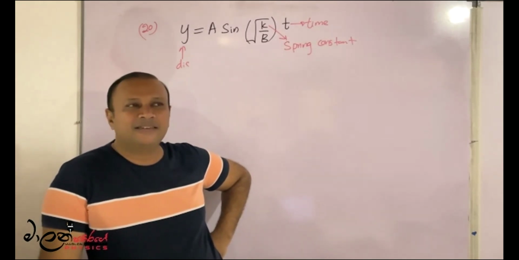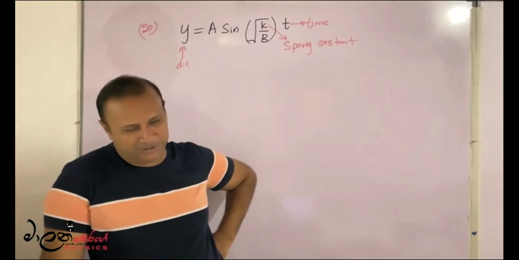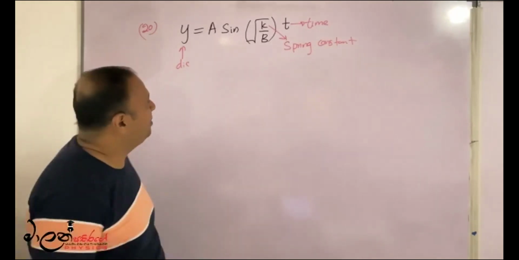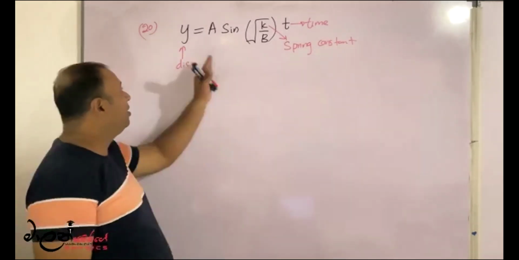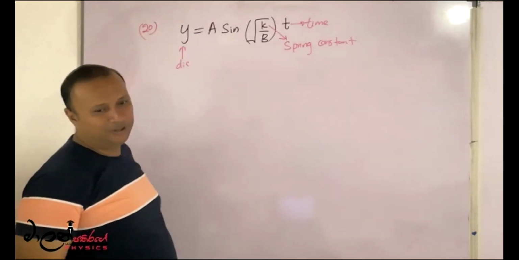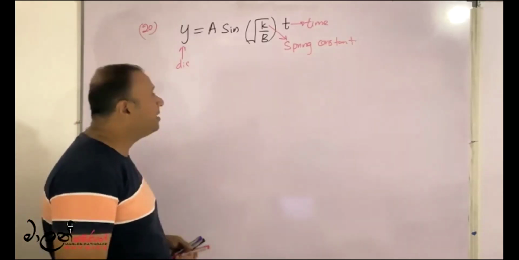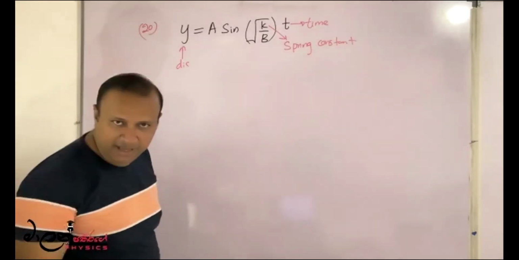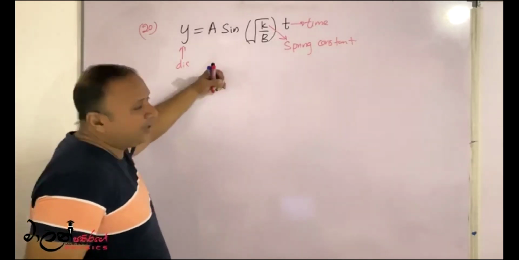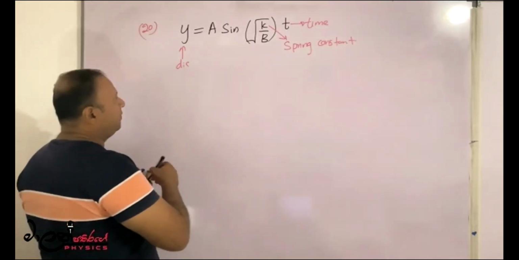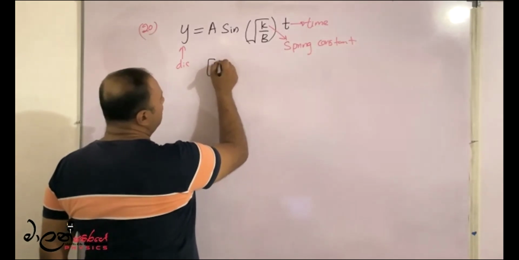Trigonometric function does not have a dimension. Yes, very good. Therefore, dimension of A is equal to dimension of Y. So dimension of A is equal to L. No, dimension of A is equal to A.